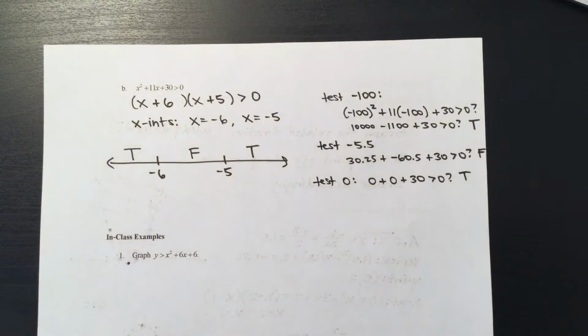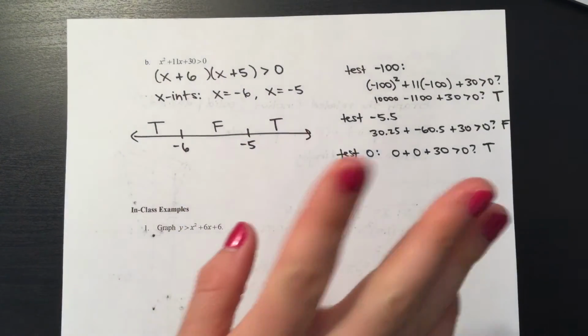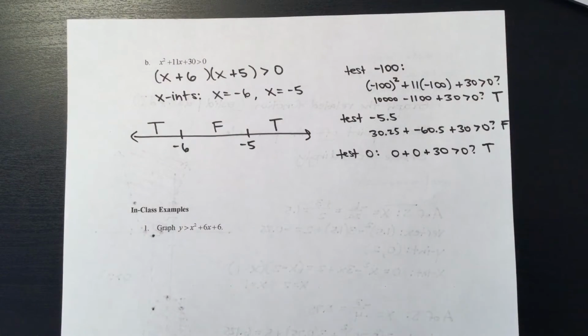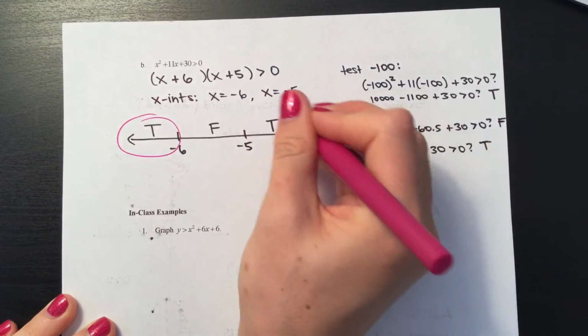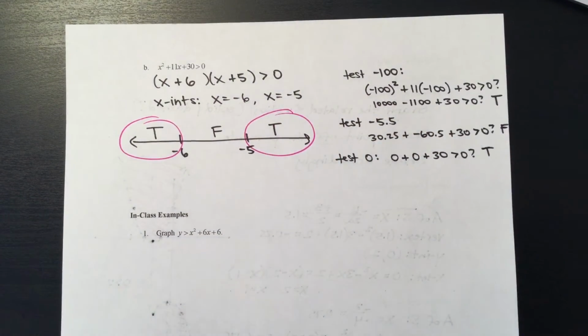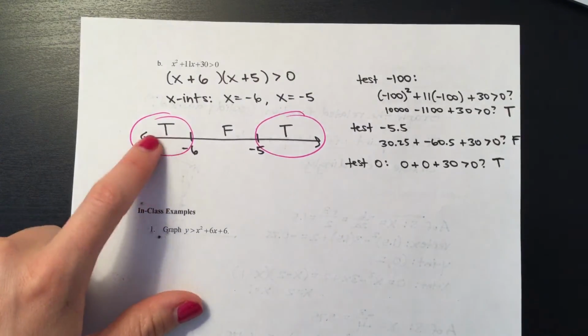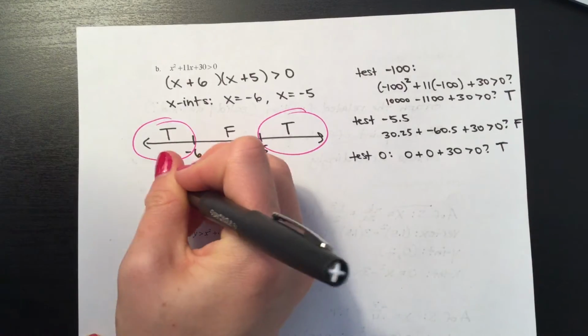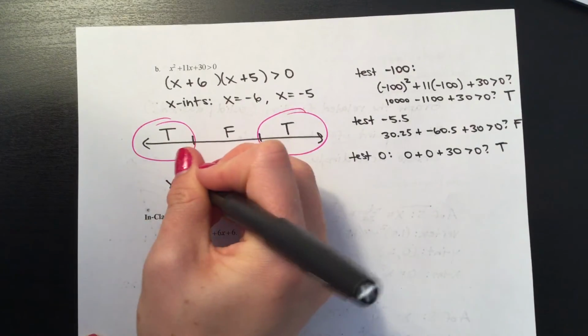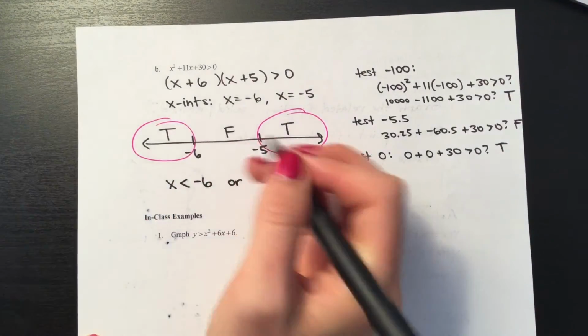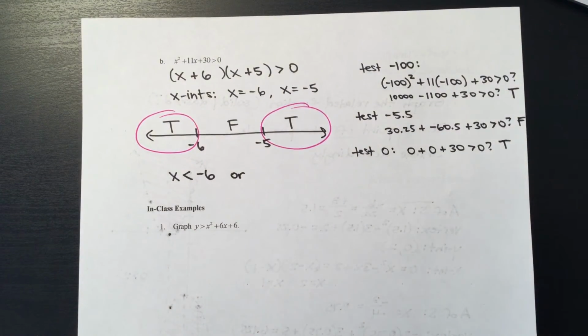Okay, so quick note. This is great. This is going to help you get your answer, but that's not your answer. Your answer is the inequalities that you get from these true regions right here. So this region, all the way off to the left, is going to be anything smaller than -6. So we write x is less than -6. Or, when you have two separate pieces like that, you use the word or.